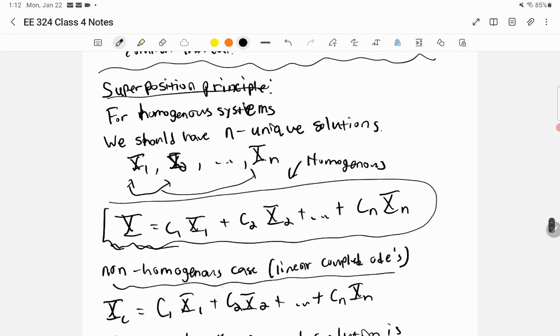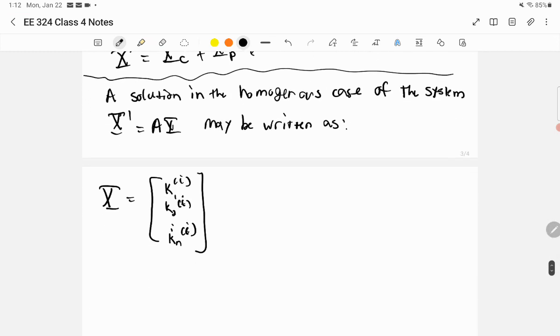So we're going to have n of them in this case, right? We know that. So the ith solution, e to the lambda i t, which I'll tell you what that is in a minute. So we could write it then as the vector ki times e to the lambda i times t.